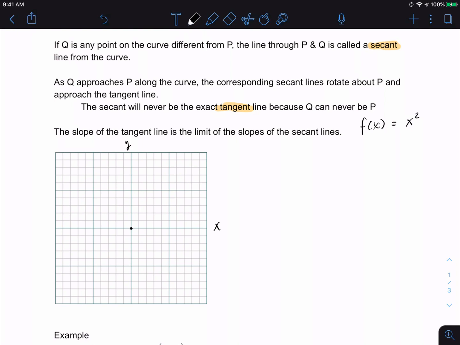Just plotting some points real quick so that we can have this. That's 1, 2, and 4. So 1, 2, 3, 4.